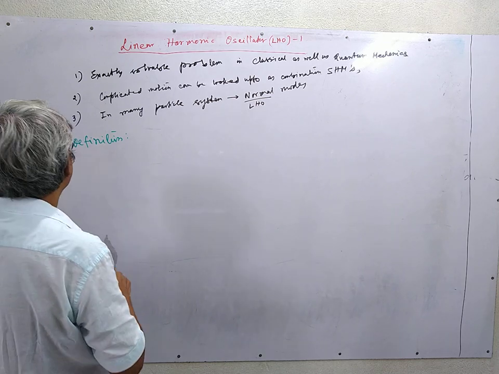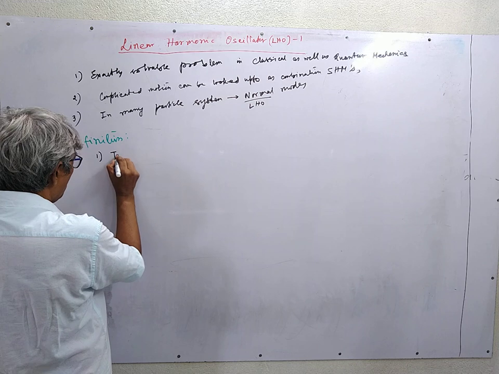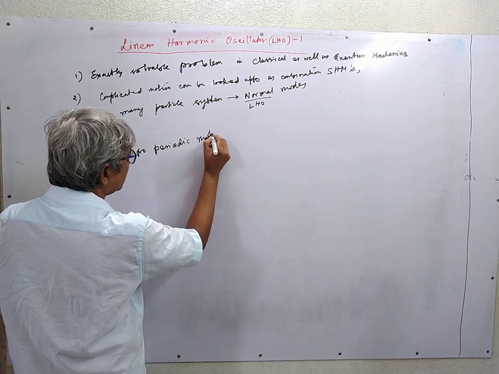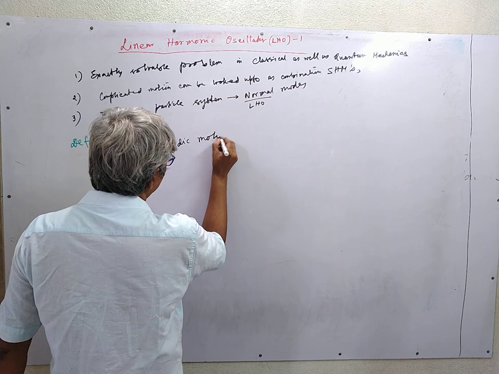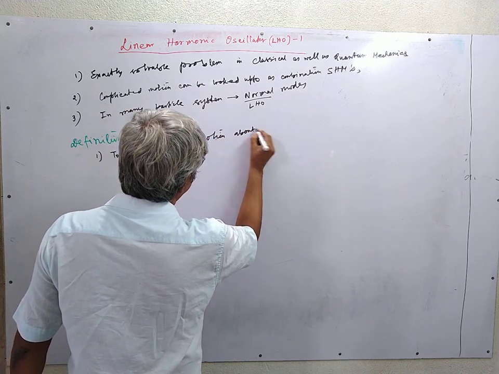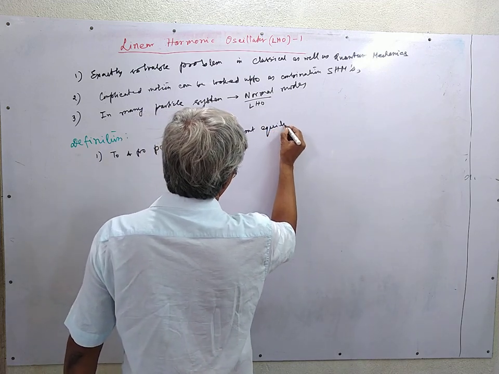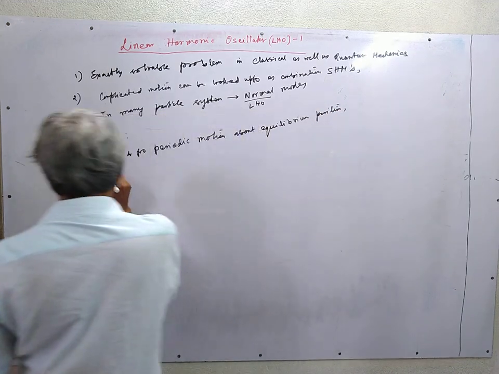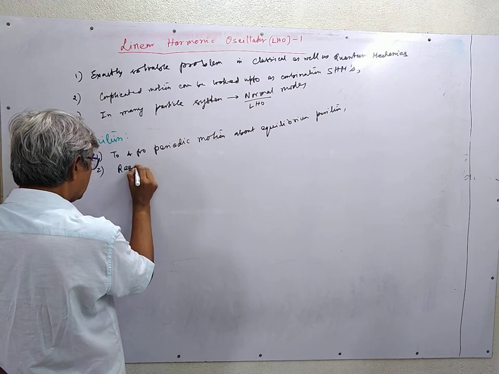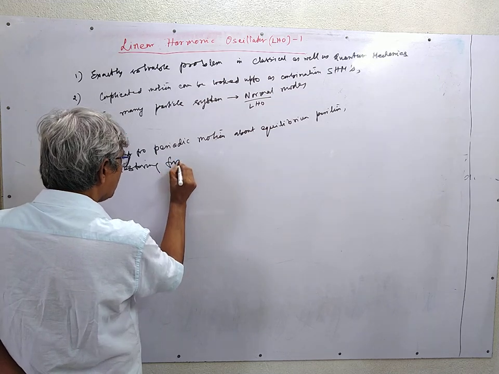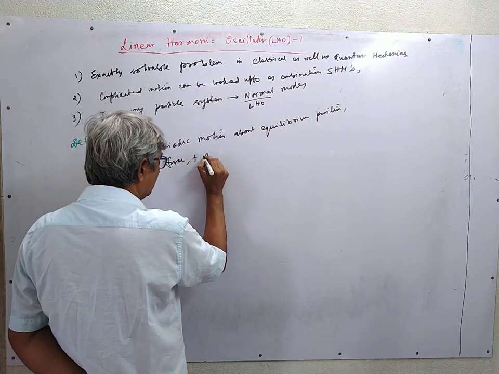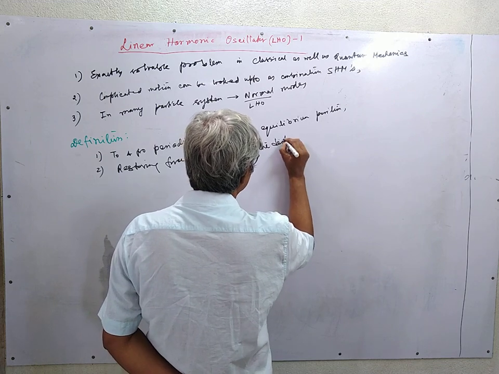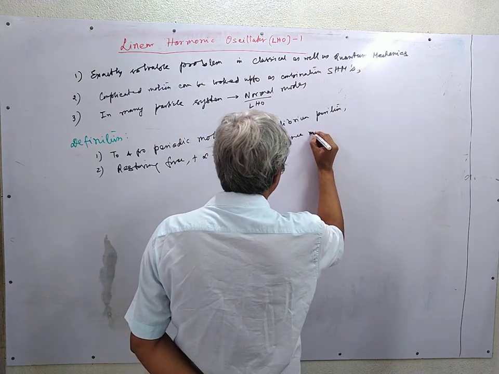Firstly, it is to and fro periodic motion about equilibrium position. Secondly, the restoring force F is proportional to minus x, where x is the distance measured from equilibrium position.